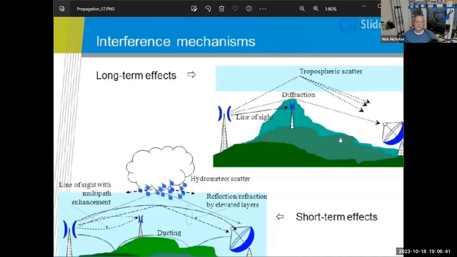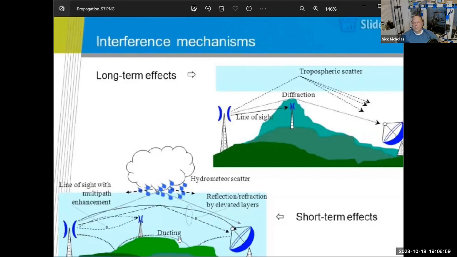By the way, there are other multipath conditions that occur in radio, and we're going to discuss them. One of them is ducting. Tropospheric ducting is caused by a temperature inversion.